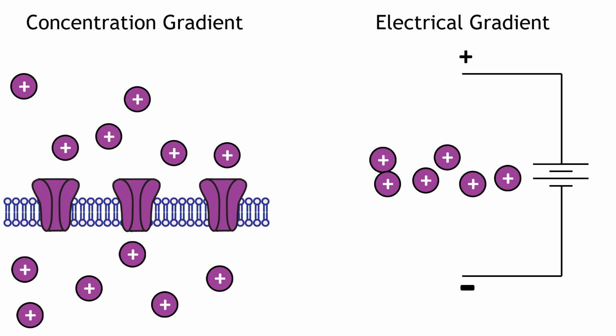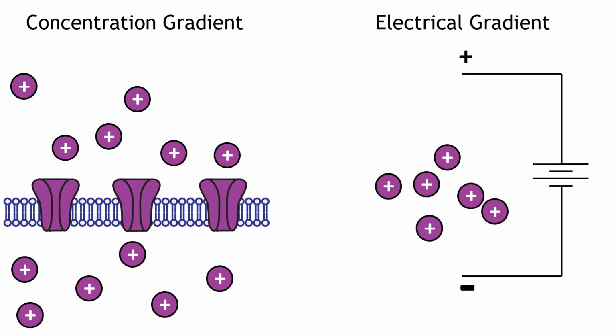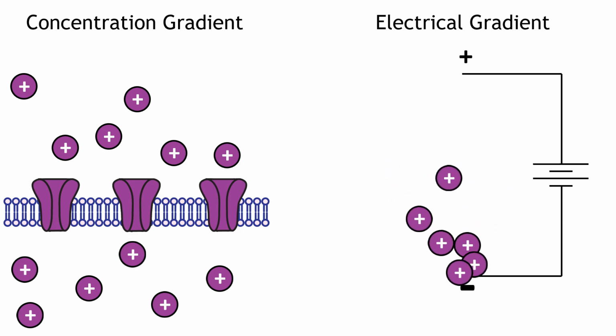And of course, the electrical gradient is when positive ions, or cations, move towards negative regions, or when negative ions, also known as anions, move towards positive regions. For example, if the inside of the cell is negatively charged compared to the outside, positively charged ions, like sodium or potassium, are pulled inward.